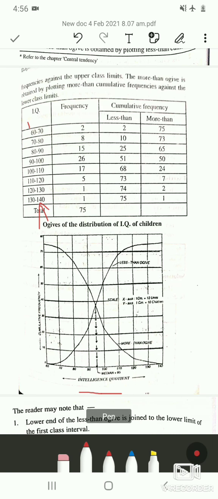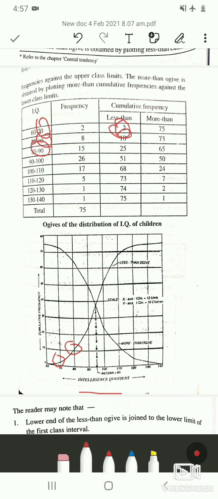So we know for the less than ogive we have to plot the less than cumulative frequencies for the upper limit. So here the upper limits are 70, 80 till 140. For the first upper limit 70, the less than cumulative value is 2, which is somewhere here. Mark a dot. Then for 80 it is 10, which is exactly over this.